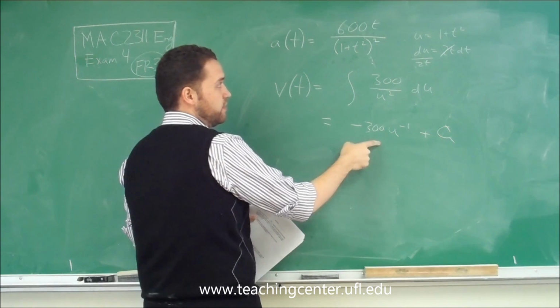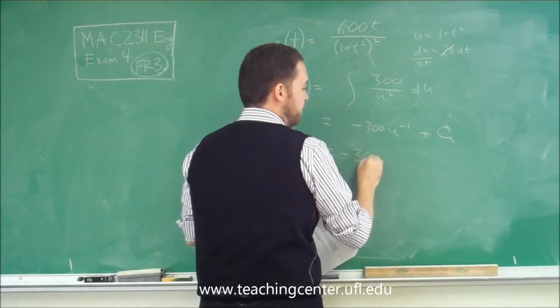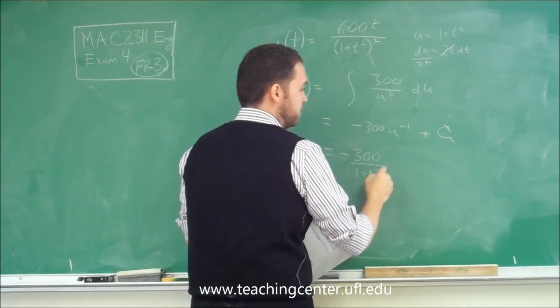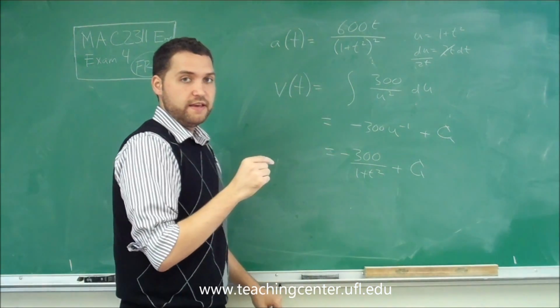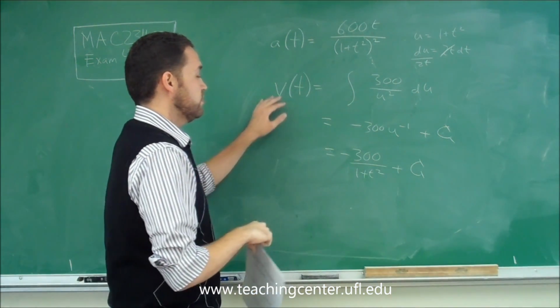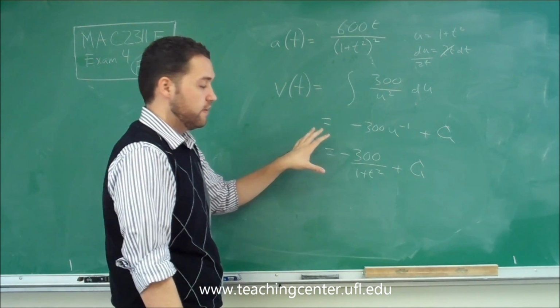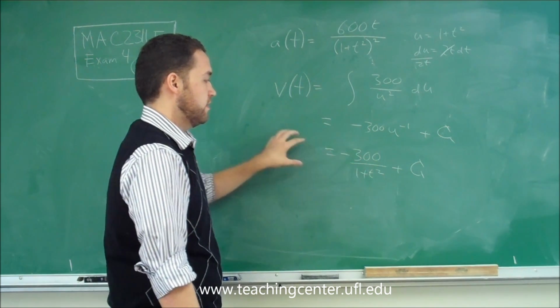So your velocity is equal to this, and then you want to feed in that u. So you have negative 300 divided by 1 plus t squared, because you bring it back down, and then plus c. Now let's solve for that c. Well, they said that the velocity was initially 0 at t equals 0. So we can just plug 0 in and set this equal to 0 to solve. If you plug 0 in here, this just goes to negative 300, and that's 0 over on this side.